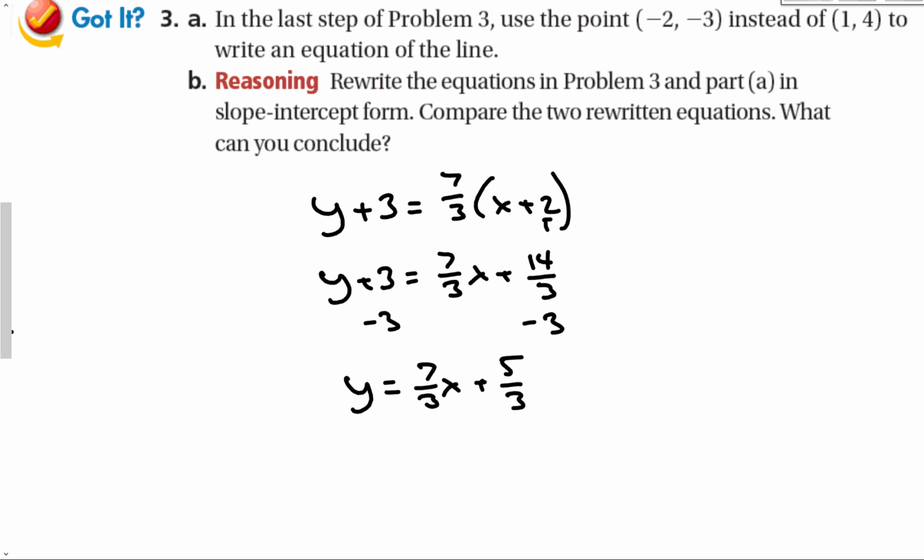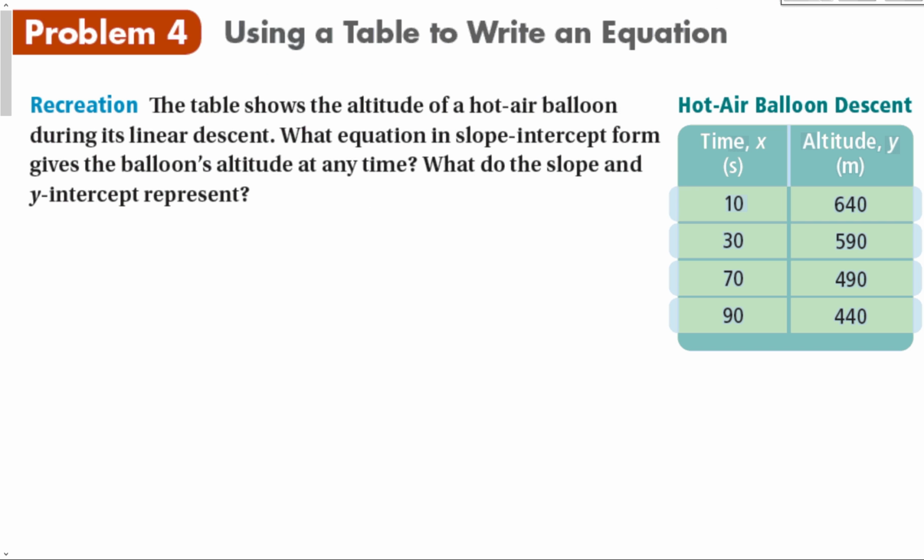Makes sense, because these are the same line. So if we put things into slope-intercept form, we can see that it does not matter which point we pick to use. All that matters is that we plug them in correctly. Be careful of the signs.